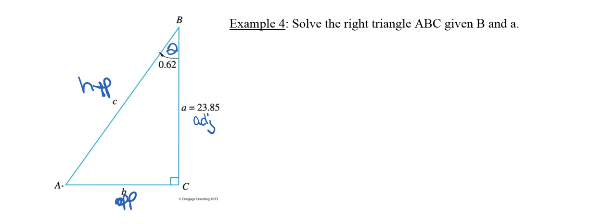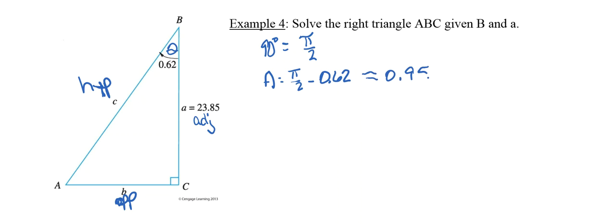Well, we can find angle A first. In radians, 90 degrees is pi over 2. So to find angle A, I can do pi over 2 minus 0.62. Then I'll just use my calculator. So pi divided by 2 minus 0.62. My calculator lets me know it is approximately 0.95.